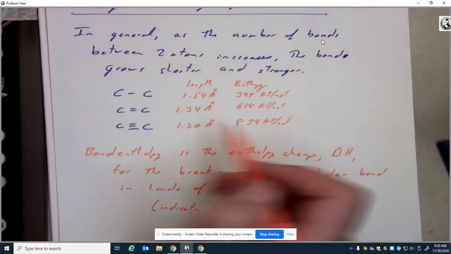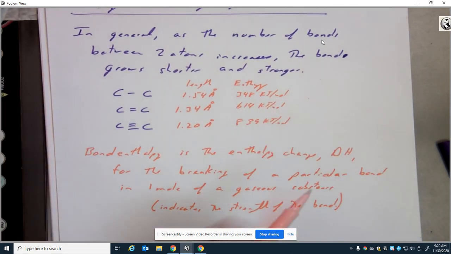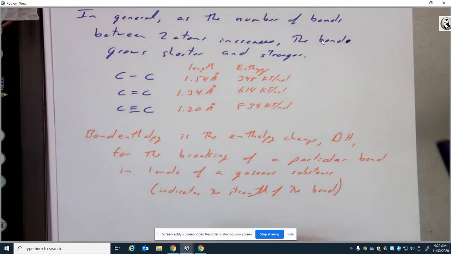Now, we can actually use these enthalpies to calculate delta H's of reactions.